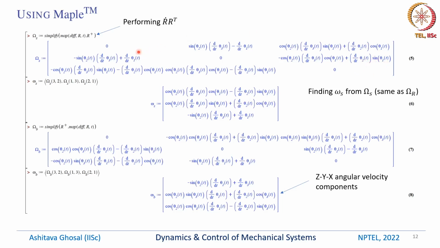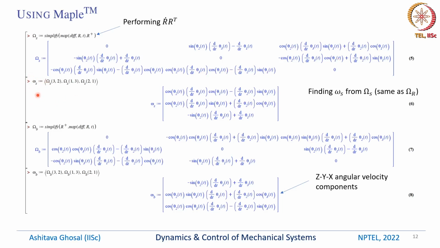So this matrix comes out when you do these steps in Maple. Then we can see that this is a skew symmetric matrix. This is minus and this is plus, this is minus and this is plus, and so on. It has all the rules of a skew symmetric matrix.